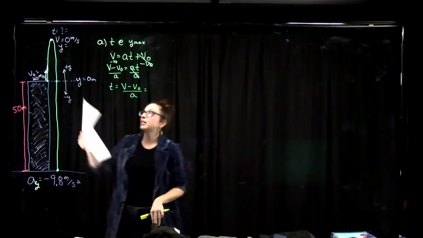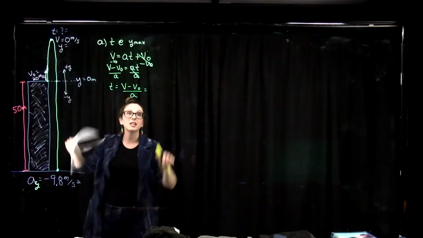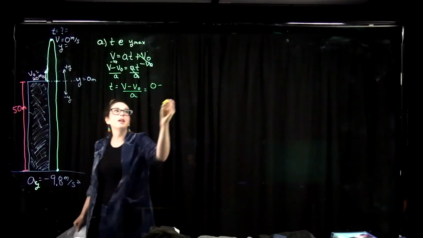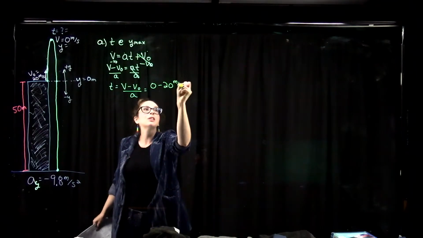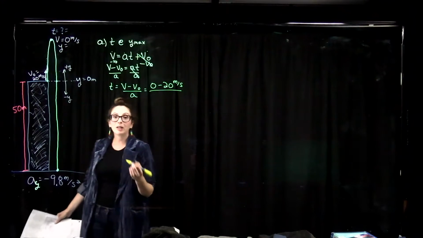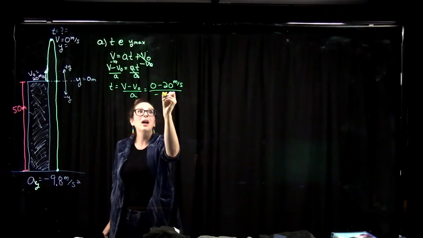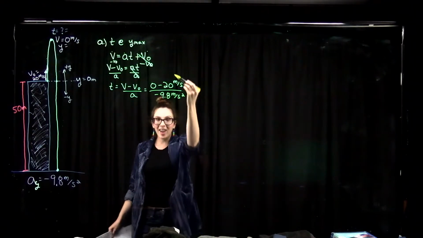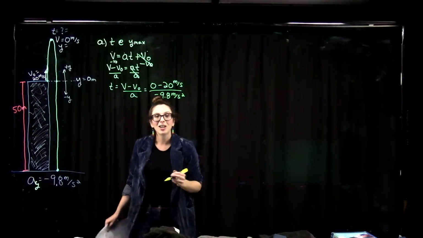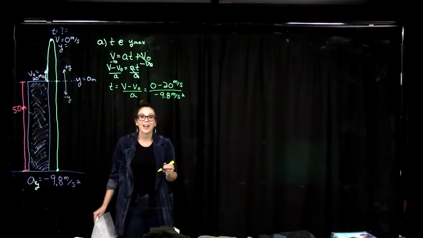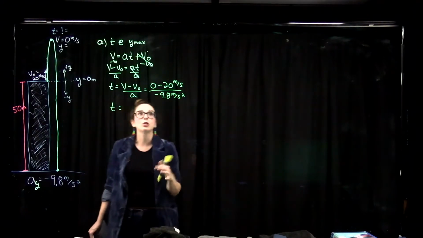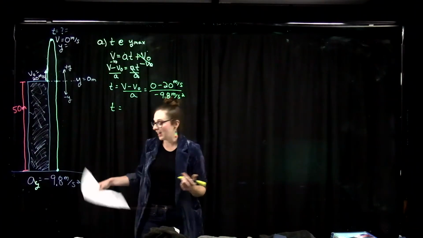So the final velocity, that's the velocity at the max height, that's 0. 0 minus our initial speed of 20 meters per second divided by our acceleration due to gravity, minus 9.8 meters per second squared. So we've got a negative on top of a negative, and you divide those by each other, you'll get back out a positive value. So then t is going to be equal to 20 divided by 9.8.